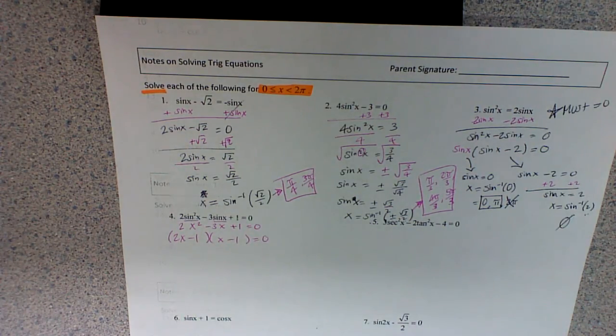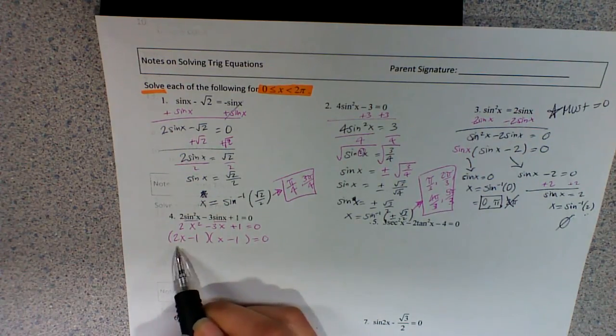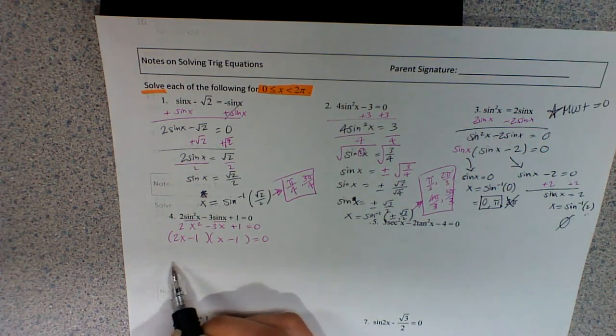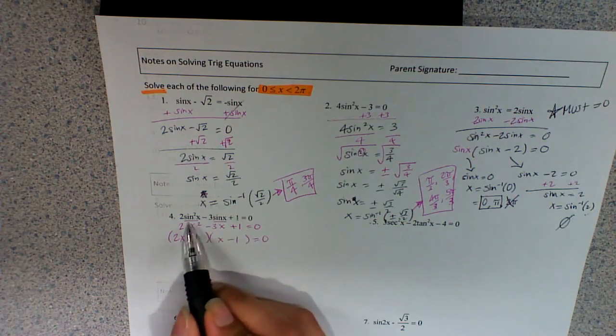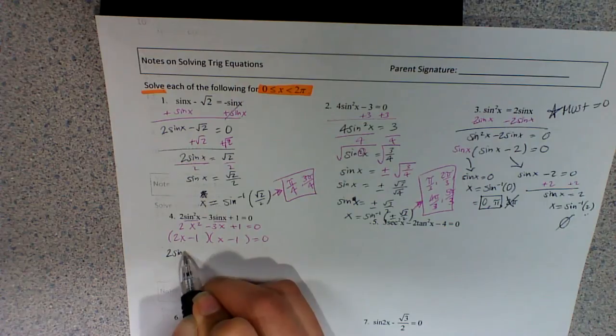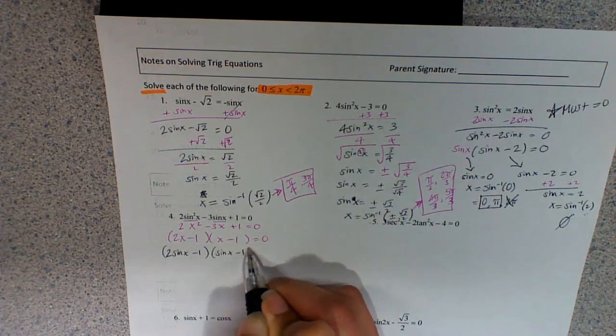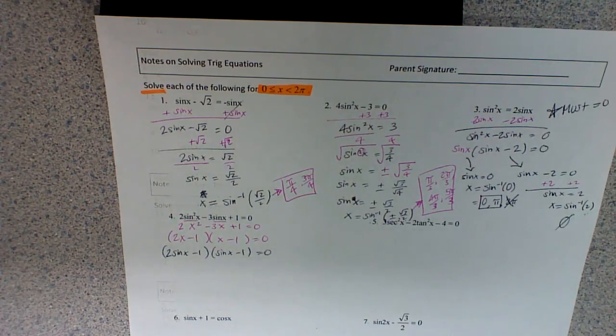Now that we have our factors, I'm going to put the sine back in. So wherever I have an x right now, I'm going to put in sine because that's what we originally started with. So that's really 2 sine of x minus 1 and sine of x minus 1 equals 0. So now I can go ahead and solve these separately.